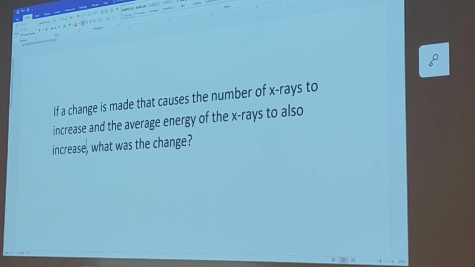What could a second answer be, Sindhu? Can I look at my notes? You may look at your notes.